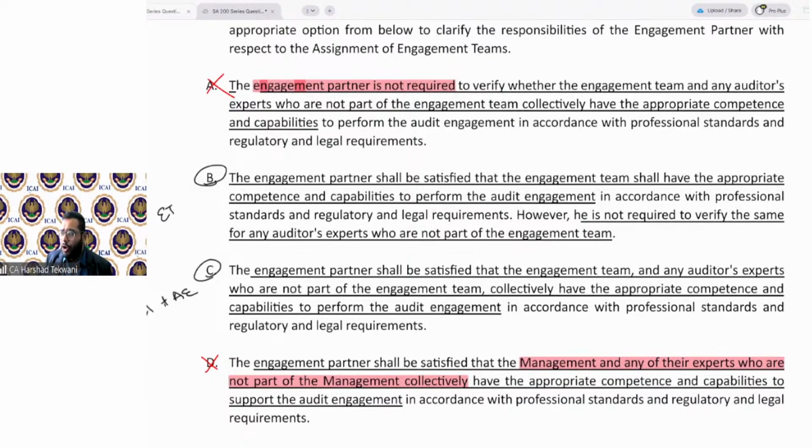Which SA talks about the work that is performed by an auditor's expert?